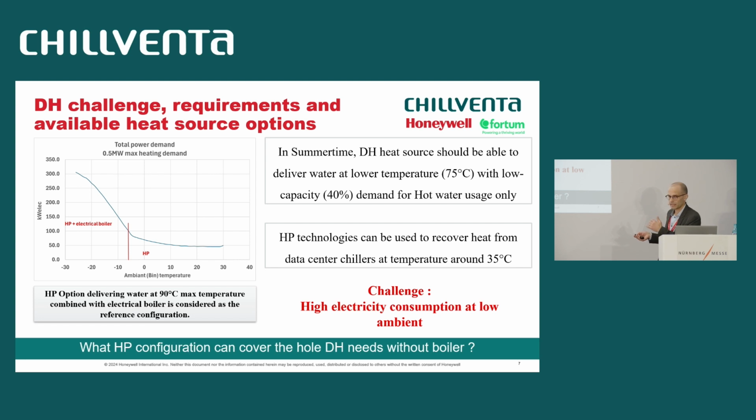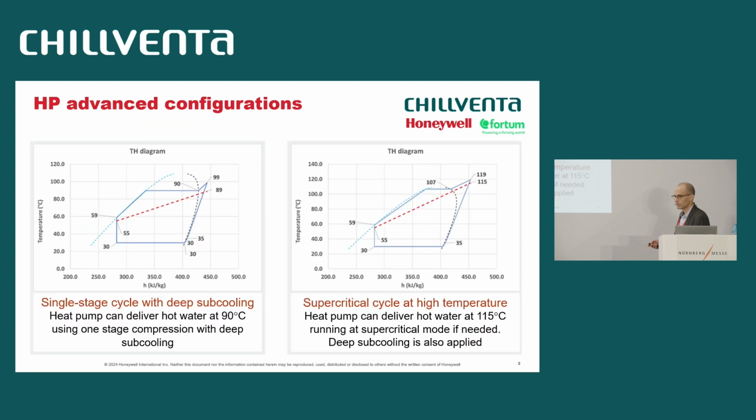As I said, the first part, we will try to answer this question: how can we get rid of electrical boilers and use 100% heat pump. So that's why I will go through different configurations that can be used in order to deliver this high temperature.